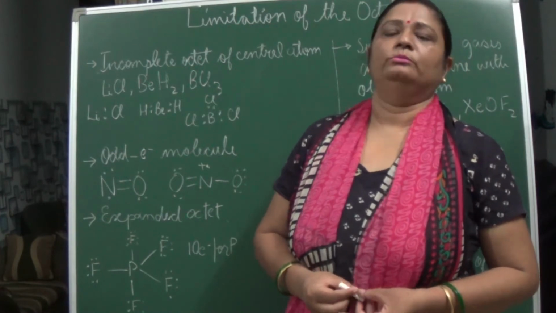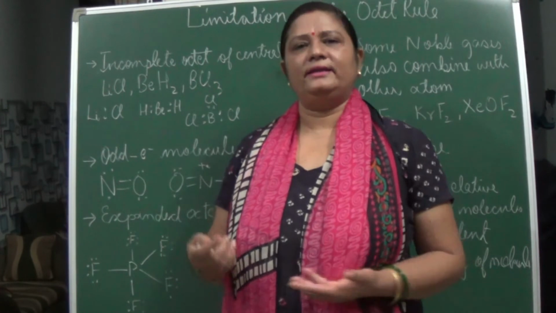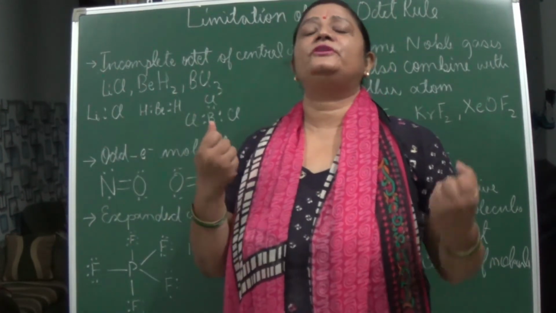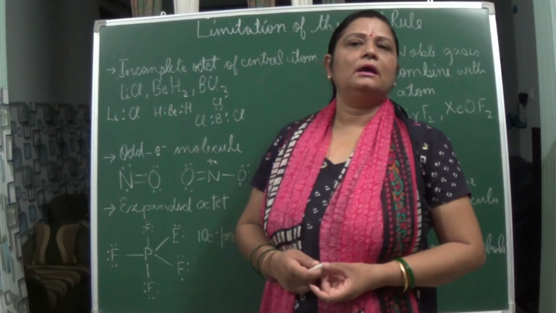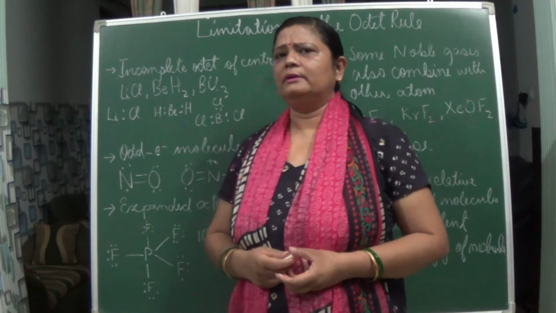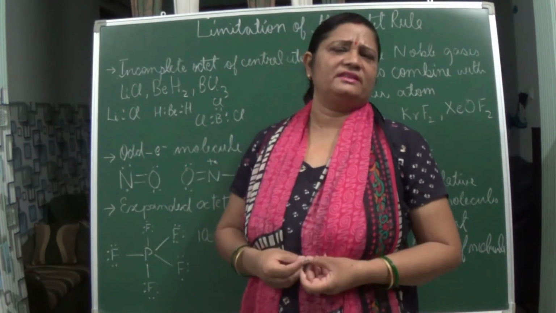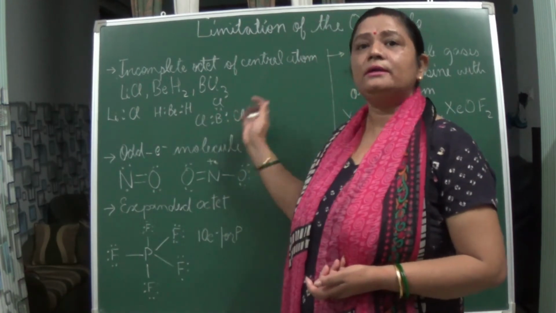So it was declared that this octet rule is not fit for all molecules to describe their shape. As they could not explain the whole shape of the molecule, there are some limitations in the octet rule. And what are the limitations, we are going to study right now.